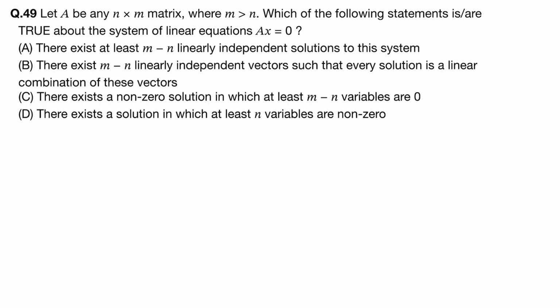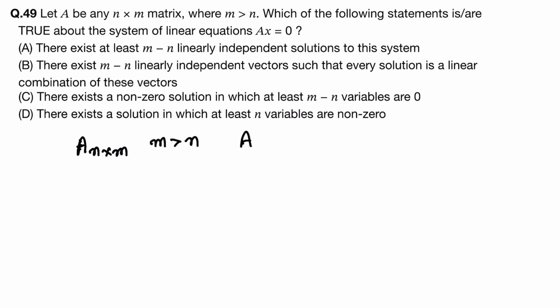Let's see this problem. Let A be an n into m matrix where m is greater than n. Which of the following statements are true about the system of linear equations Ax equal to 0? There exist at least m minus n linearly independent solutions to this system. So at first consider any matrix. Let's consider A is an n into m matrix, and here m is greater than n.